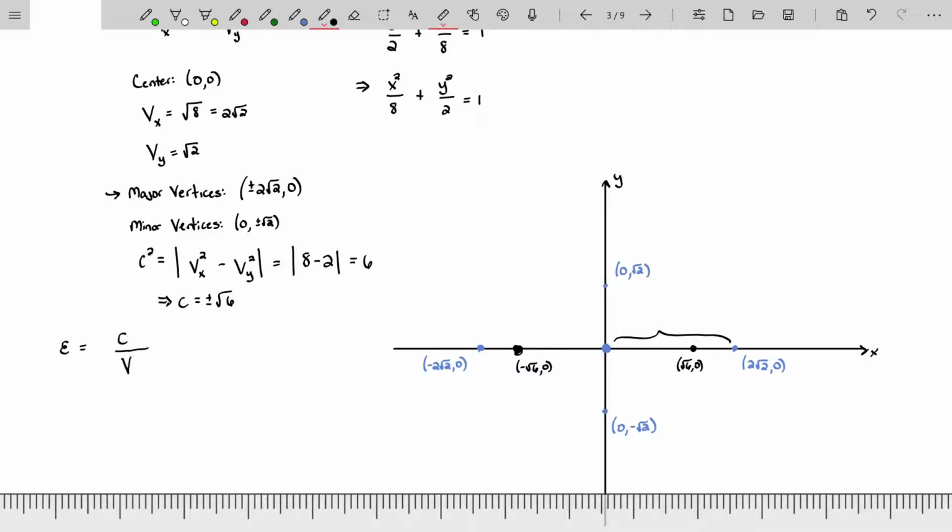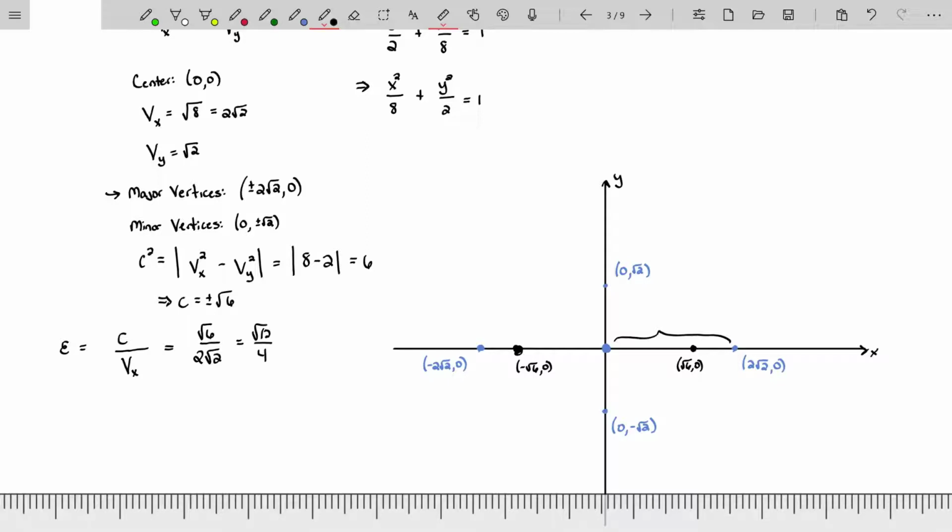So this is going to be v sub x. So let's see, the c is root 6, and v sub x is 2 root 2. You could technically multiply top and bottom by the square root of 2, and you would get root 12 over 4.